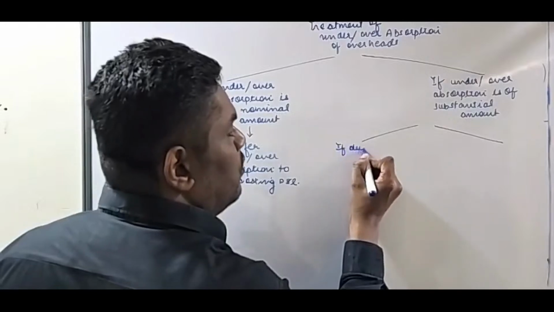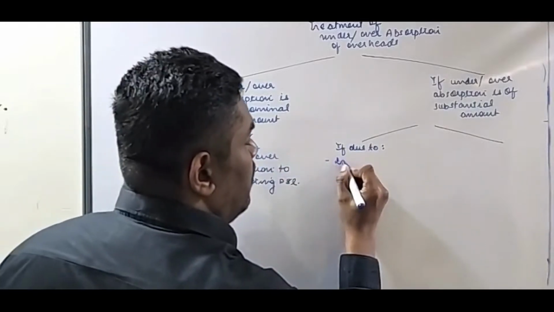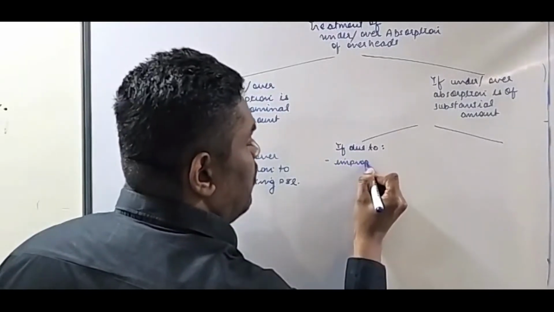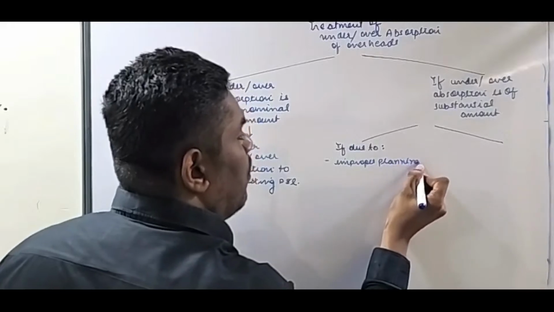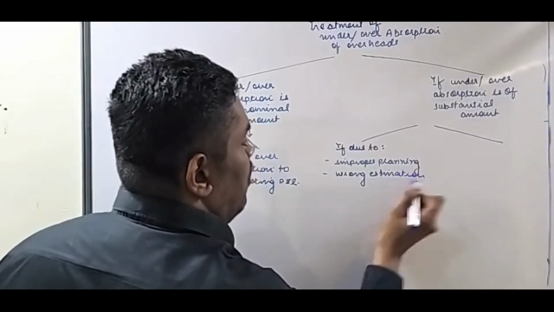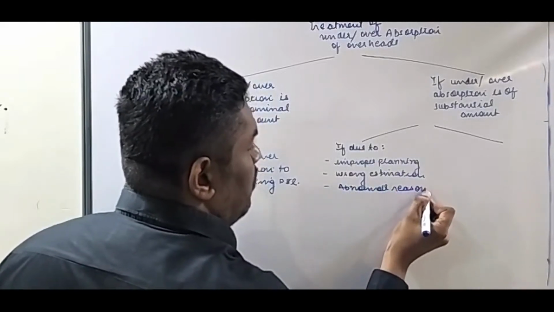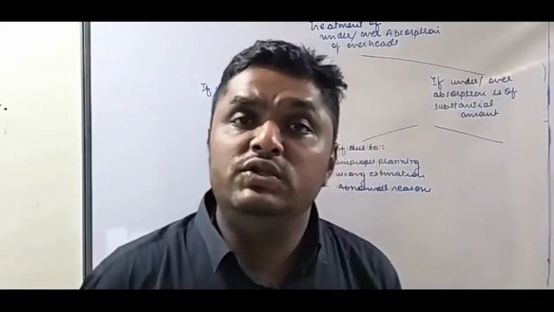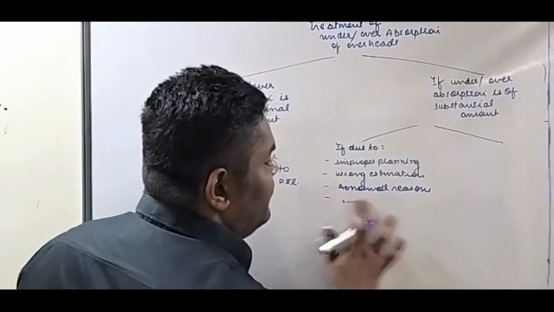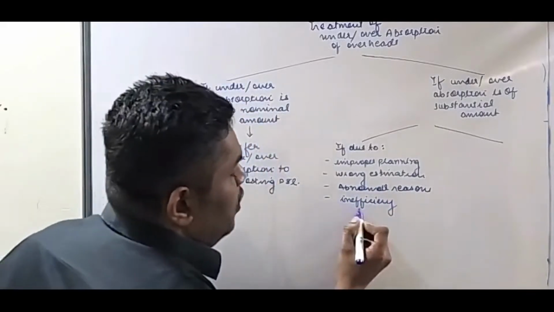If it is due to lack of, or we can say improper planning, or wrong estimation, or abnormal reasons, or inefficiency, then what you have to do?